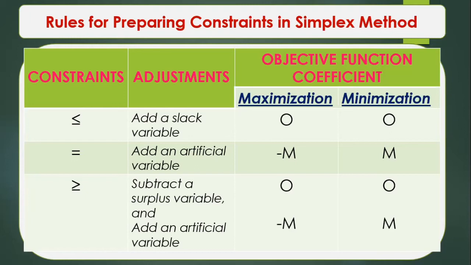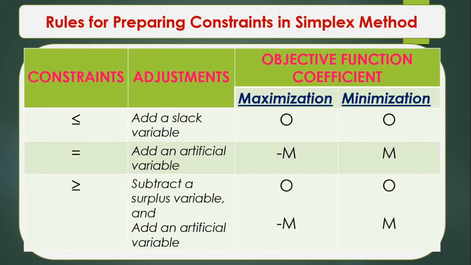Now, what if we are seeing equal constraint in our linear structural constraints or non-negativity constraint? Now, if it's equal constraint, the adjustment would be to add an artificial variable.